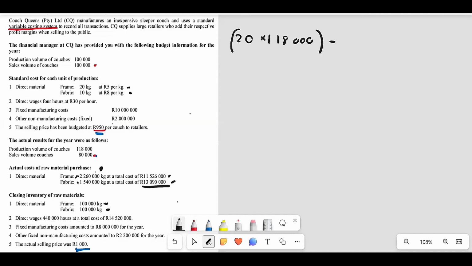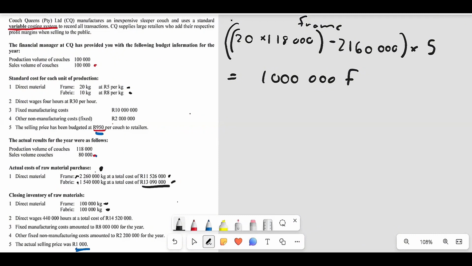And then we're going to minus the 226,000 less the 100,000 kgs. Therefore, it would give us an amount of 216,000 multiplied by the budgeted price, which is 5. Here we're dealing with the frame. Sorry for not saying it right. And then it would give us an amount of 1 million, which is favorable.